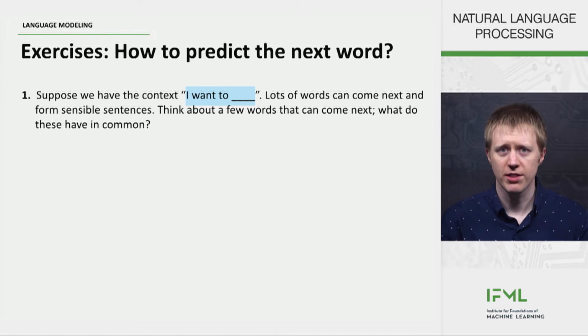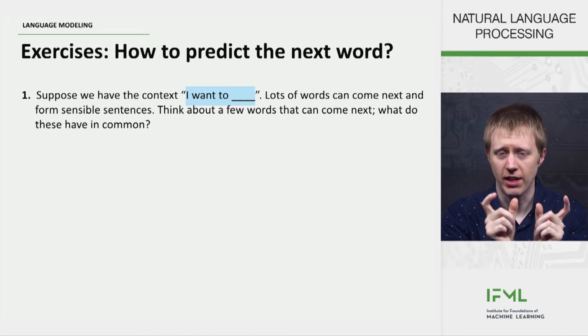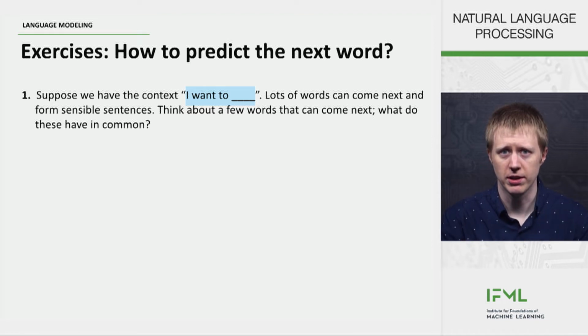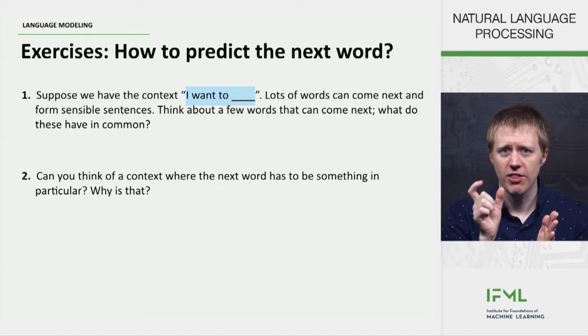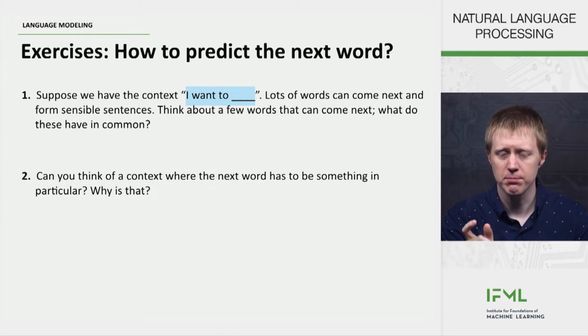So if we start with a kind of similar context, "I want to" blank. That's where the word that we're going to try to predict next is. There are a lot of words that can come next. I want you to think about a few of them and think about what they have in common. And the other thing I want you to do is try to think of a different context, so not "I want to," but some other sequence of words that makes it so that the next word has to be something specific.